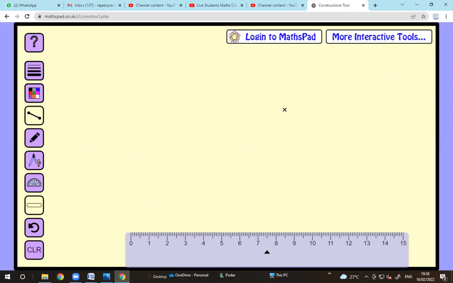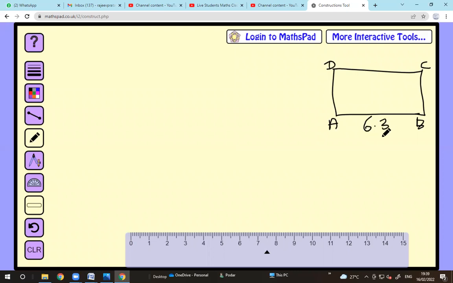So question number 8. Construct a rectangle ABCD with AB equal to 6.3 centimeter and BC equal to 4.4 centimeter.